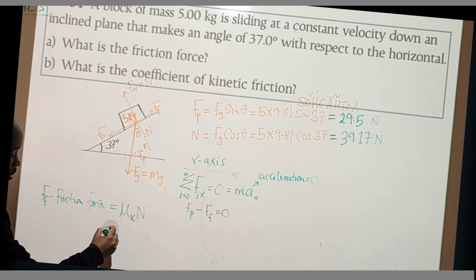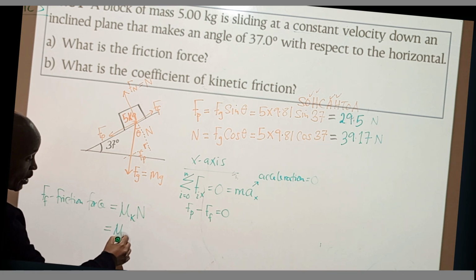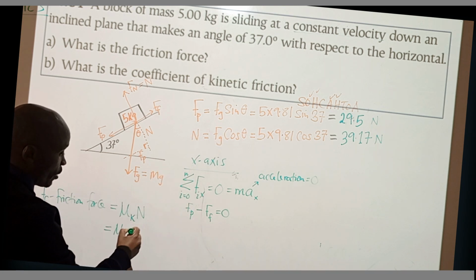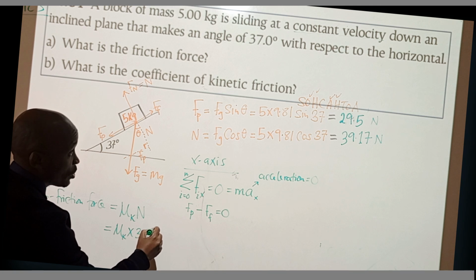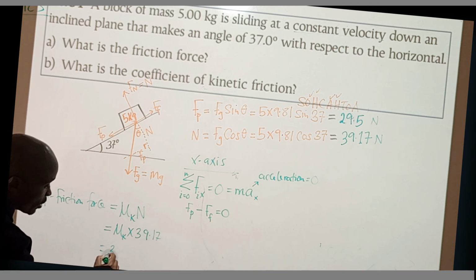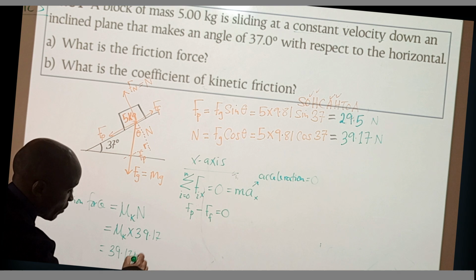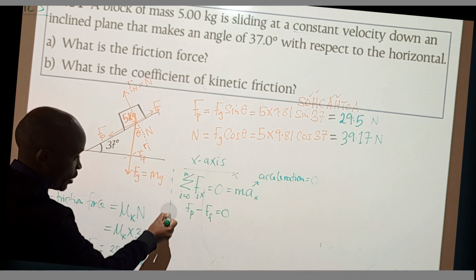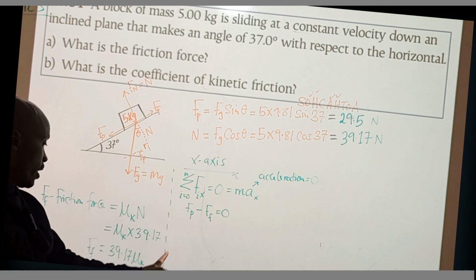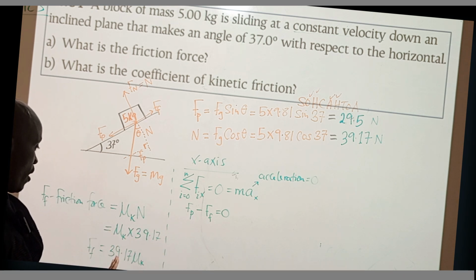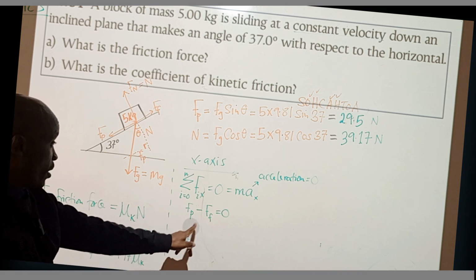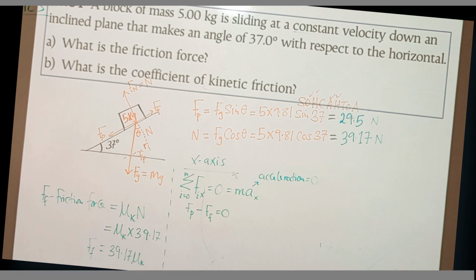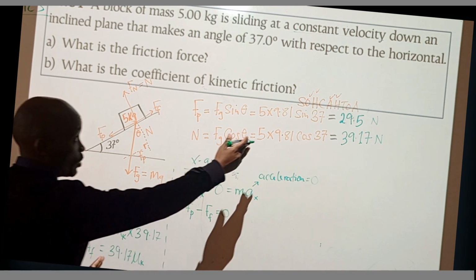We're not given mu k, the kinetic coefficient of friction, but now we have our N, so multiplied by that 39.17, Ff is equal to 39.17 mu k. That's our friction force. According to our equation, when it is sliding down, we have Fp plus Ff equals 0. Fp is given, we've already sorted that one out, and therefore we just substitute into the equation.